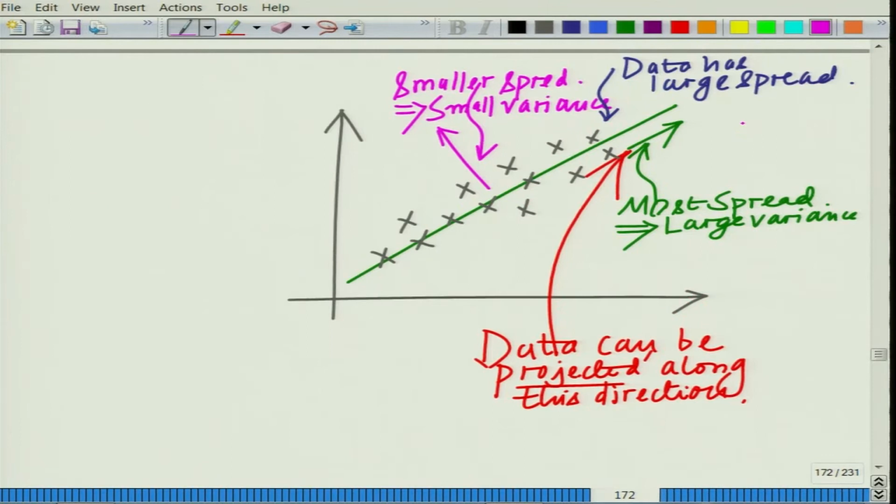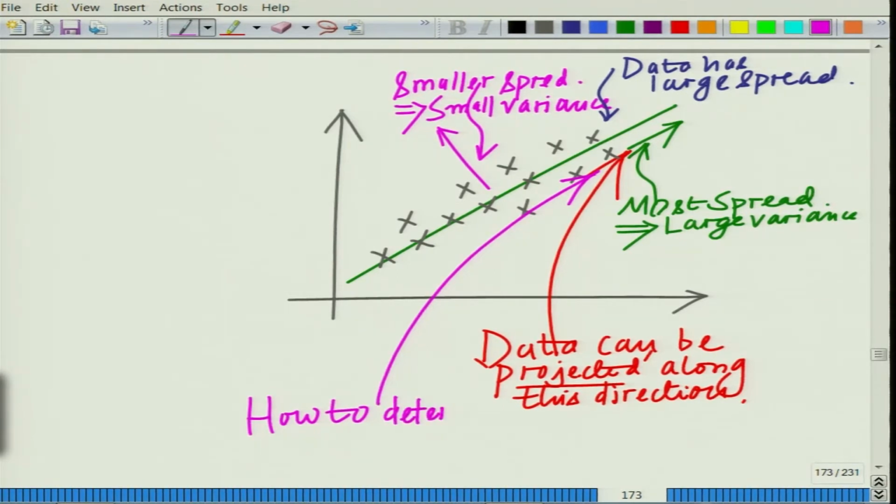Now, the point is, how do you determine these directions with the largest variance?